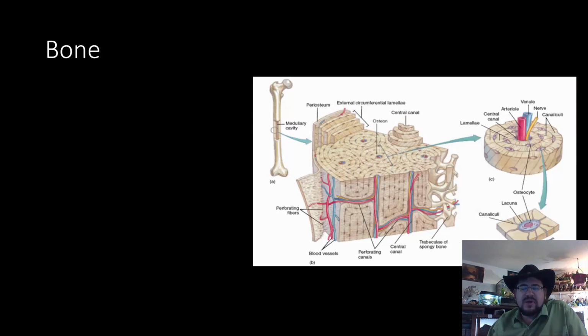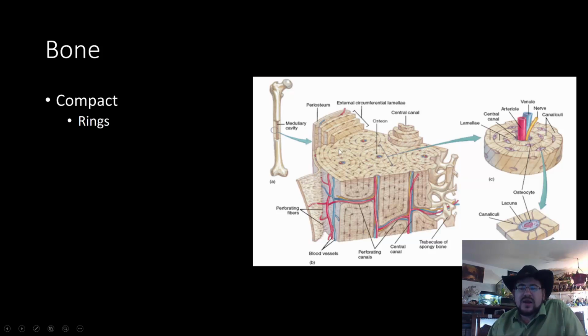So let's talk a little bit more about bone. There are actually different types of bone in the human body. First up, we'll talk about compact bone. Compact bone is the strongest type of bone in the body, right? It's characterized by rings.